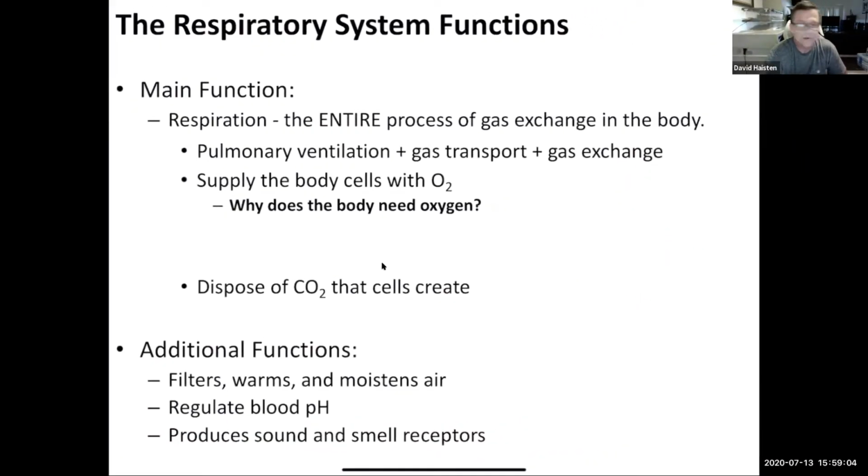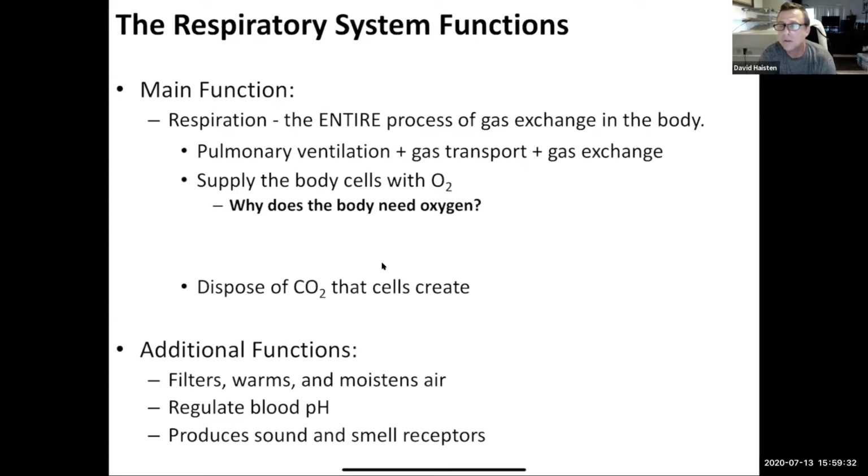Okay, so what's a function of the respiratory system? Well, if we're going to look at the whole package, what we're looking at, I told you we're going to look at the structures that are responsible for ventilation. So your windpipe, which consists of something called the larynx, and your trachea, and then we're going to look at your lungs.